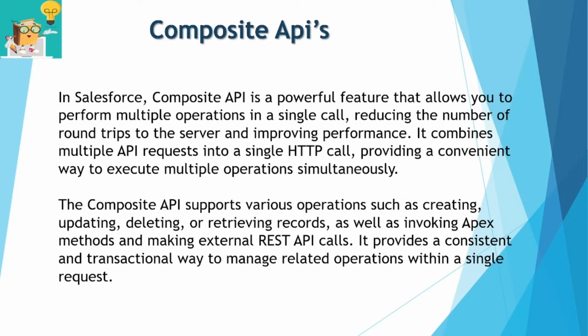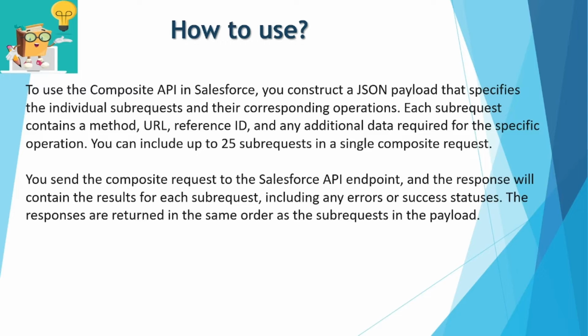Basically it gives you a single transaction, which in turn has small sub requests in it. We call them sub requests. So it is one single request which has small sub requests, and each sub request defines its own procedure, whether it's a get call or a post call or whatever it is.